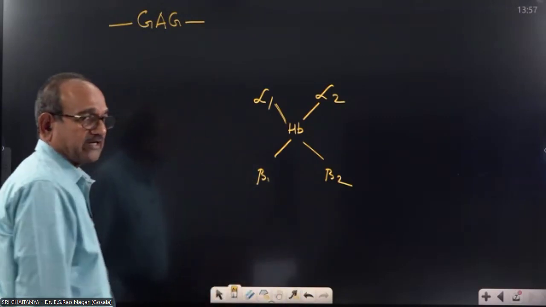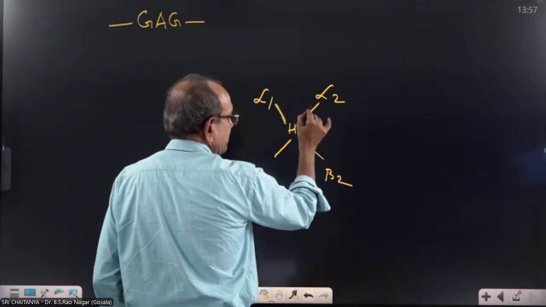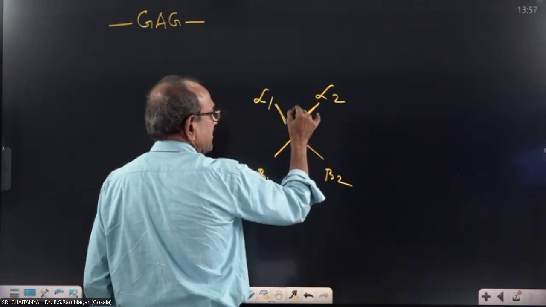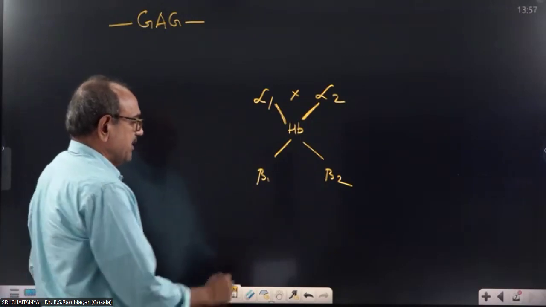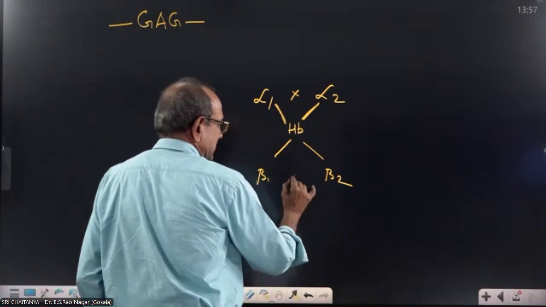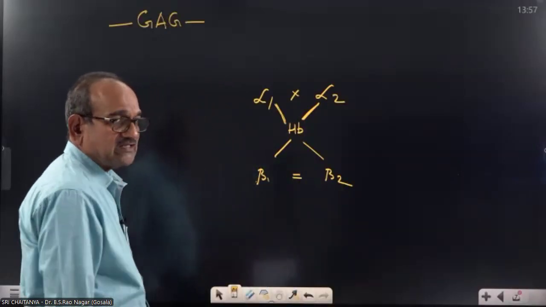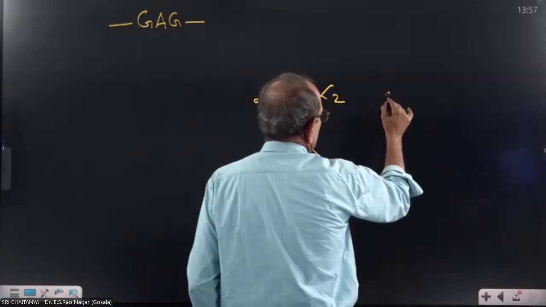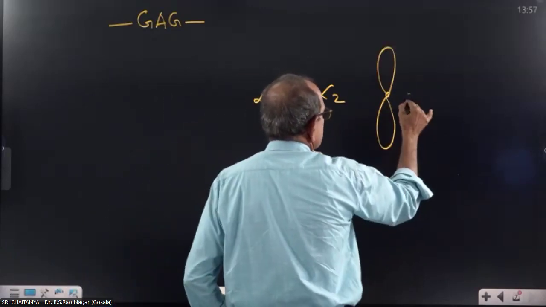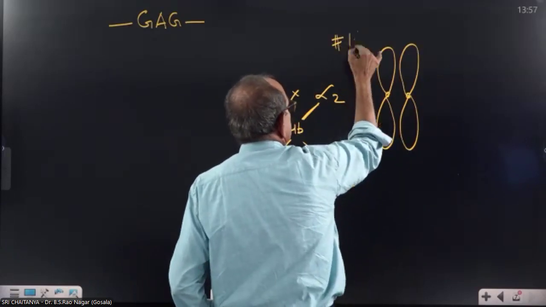Total 4 polypeptide chains. Alpha 1 and alpha 2 polypeptides are entirely different. They are not identical. But beta 1 and beta 2 are exactly the same. These are identical polypeptides. The reason is, the alpha genes are located on chromosome 16.